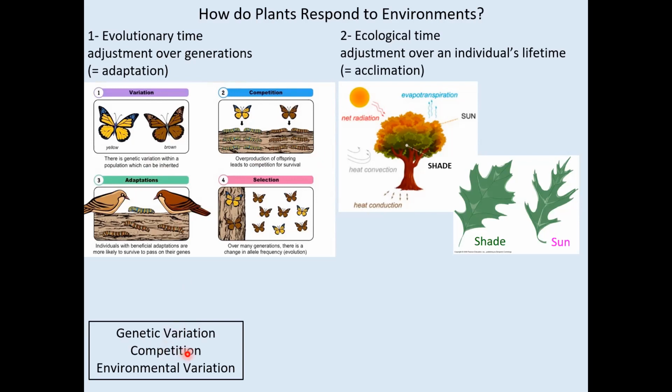There's going to be competition in order for adaptation to happen, because that means there's competition for resources. Not every single individual is going to be able to get as much as it would like to have. And so some individuals are going to have competitive stress, and because of that, some are more likely to be losers and some more likely to be winners.